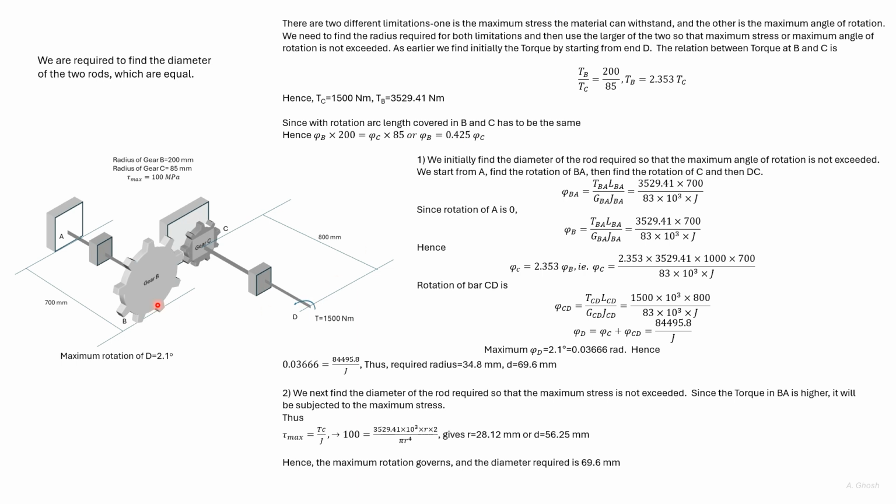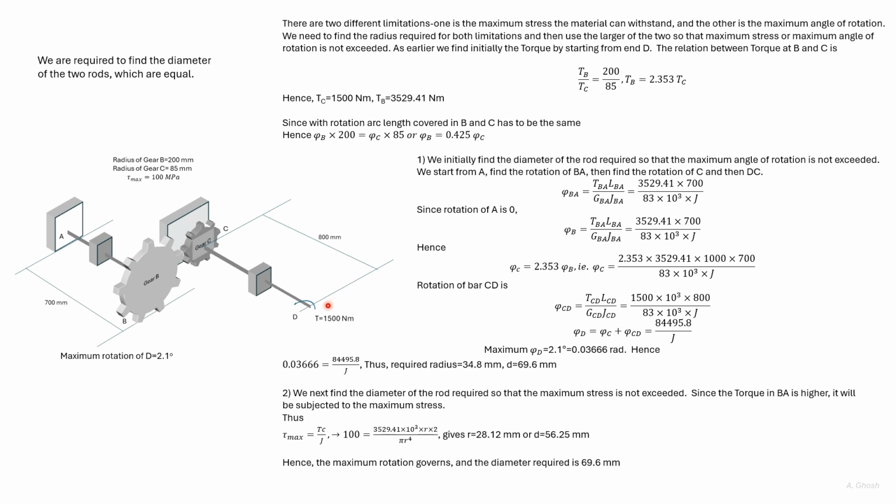The ratio of the radius of the gears is 2.353, so the torque in gear B is 2.353 times the torque in gear C. And the angle of rotation of gear C is 2.353 times the rotation of gear B. Or in reverse, we can say that the rotation of gear B is equal to 0.425 times the rotation of gear C.